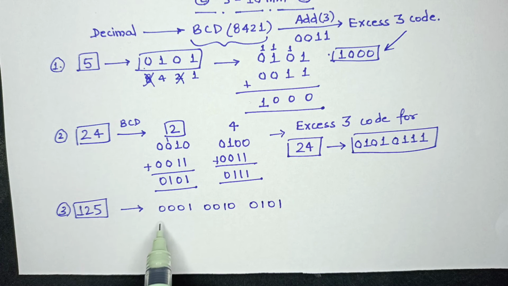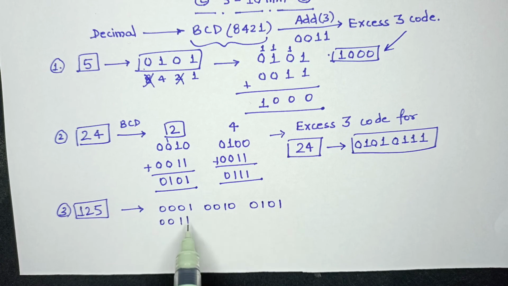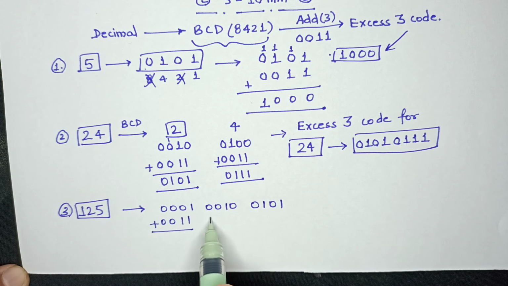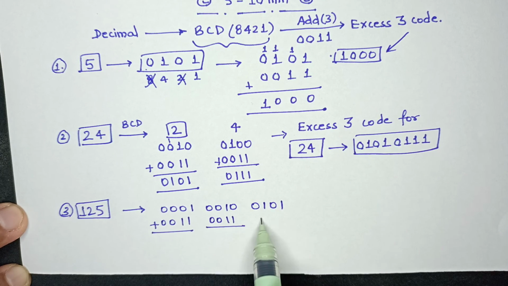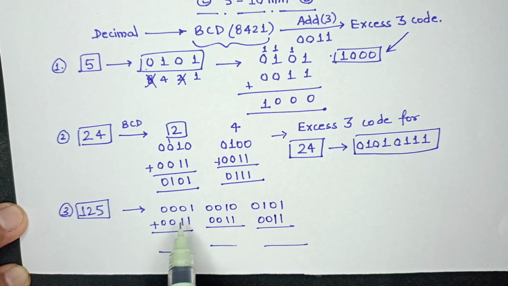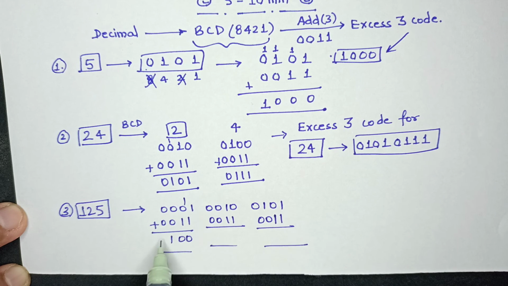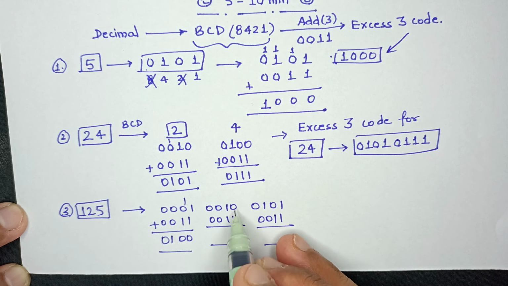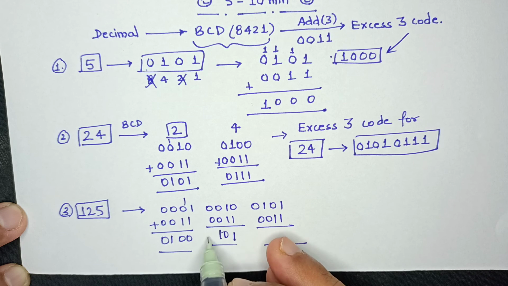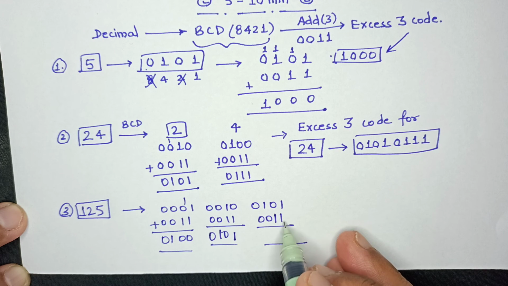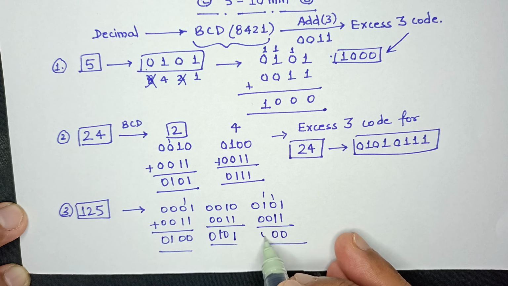Now let us add 0011 to this, as well as to this, as well as to this, and see what the outputs are. So 1 plus 1 is 10, 1 plus 1 is 10, so this is 0100. Then we have 1100, then 1 plus 1 is 10, giving 1000.